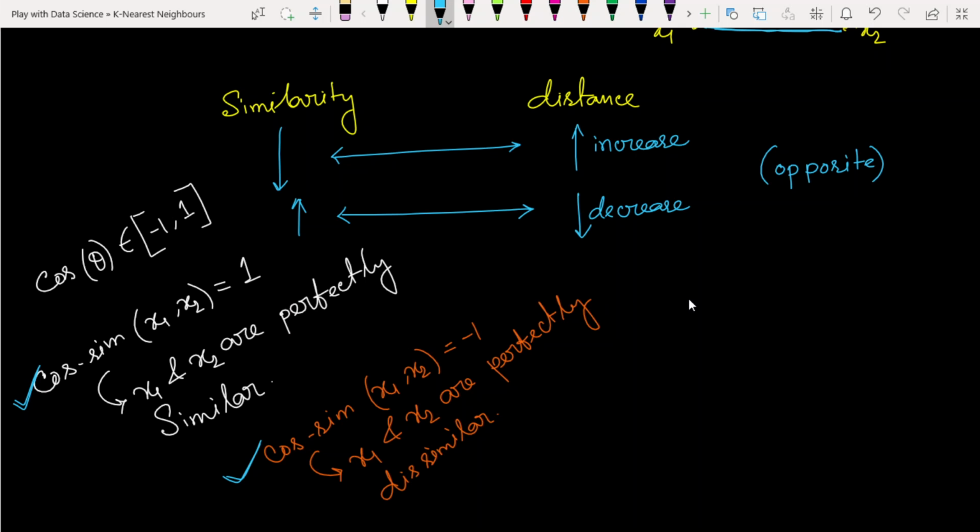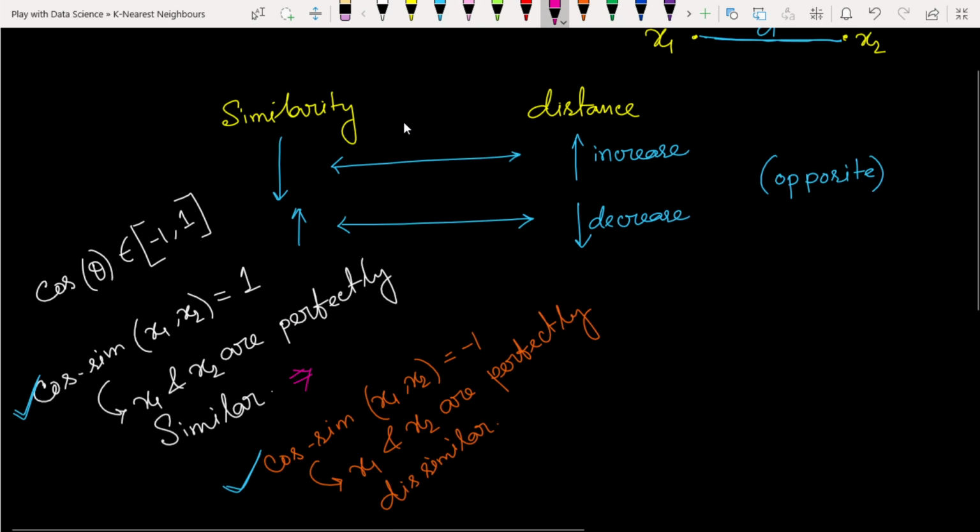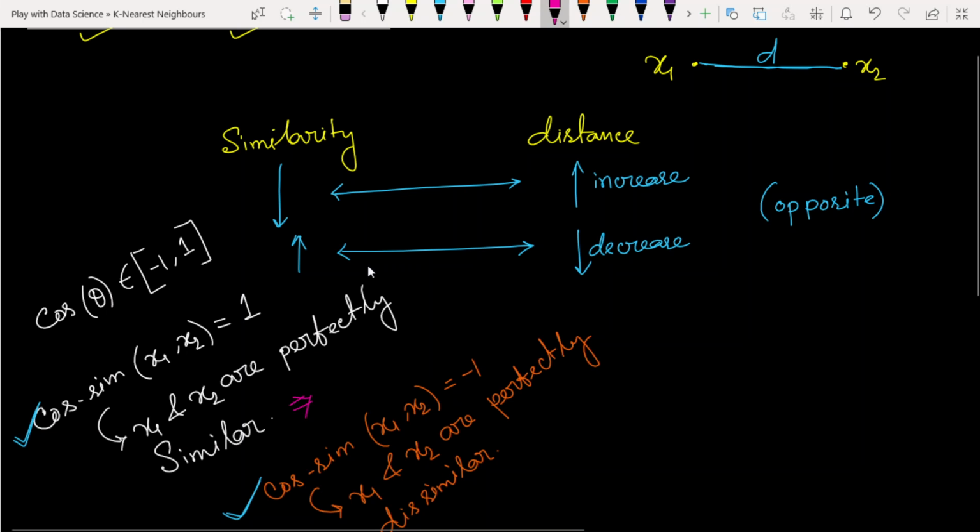If the two vectors are perfectly similar, then we are interested in building the distance such that if we increase the similarity, the distance decreases.